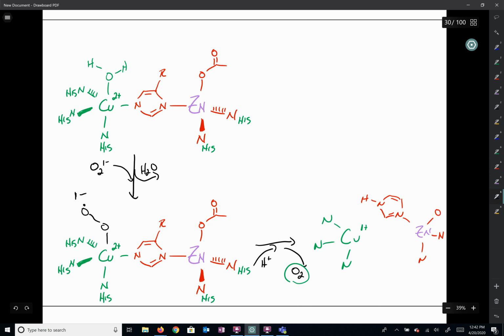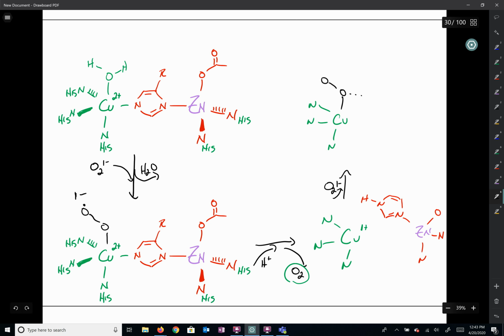Because the next thing that happens, right, is more superoxide comes in. Right, so superoxide comes in, and it binds here to that copper center, okay? And let me try and draw this the best I can, okay?